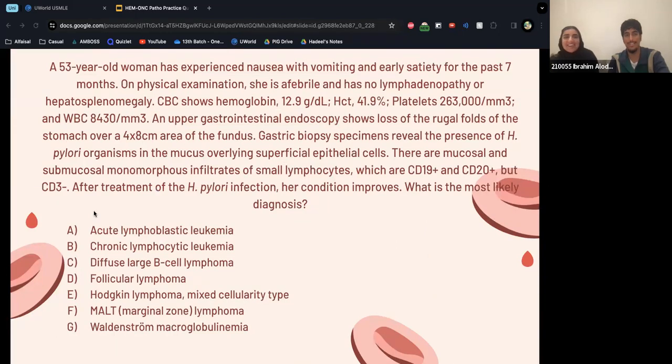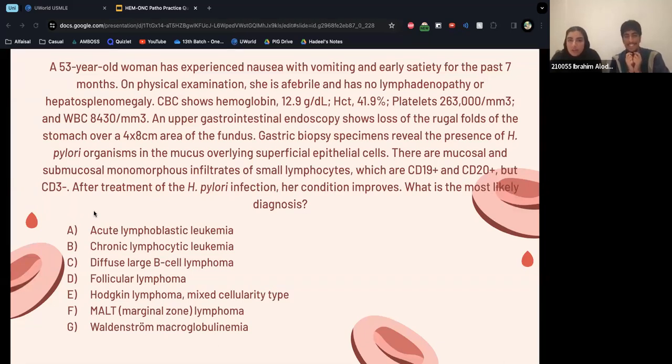Go ahead. Okay. A 53-year-old woman has experienced nausea with vomiting and early satiety for the past 7 months. On physical examination, she's afebrile and has no lymphadenopathy or hepatosplenomegaly. CBC shows hemoglobin 12.9, hematocrit of 41.9%, platelets of 263,000, WBC of 8,430.